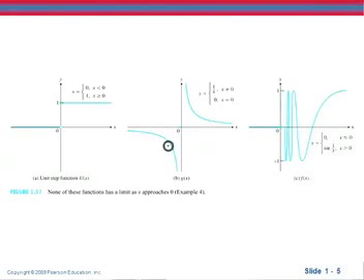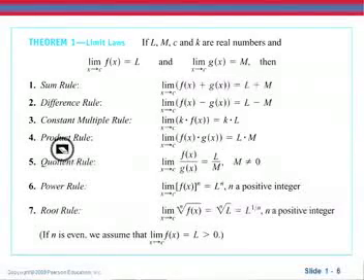You'll notice that this is an oscillating graph, and it just keeps going back and forth between -1 and 1, because all sine values are between -1 and 1. It does not approach any given value. So this also does not exist. In order for the limit to exist, as we approach the number from the left and from the right, we must approach the same number.